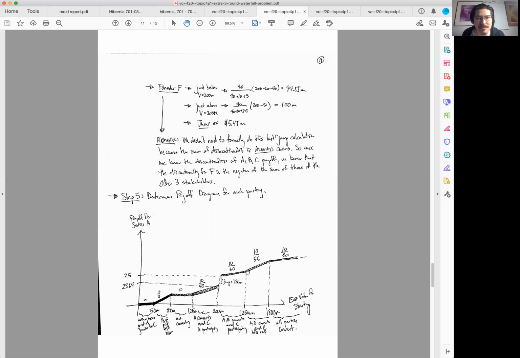C hits their cap. Because C hits their cap, 5 million shares disappear. Do we agree? So the slope now goes from 10 out of 60 to 10 out of 55. Do we agree? And then what happens at 1.8 billion? We go back to 60 million shares because C chooses to convert. And we're back down to a slope of 10 out of 60 forever.